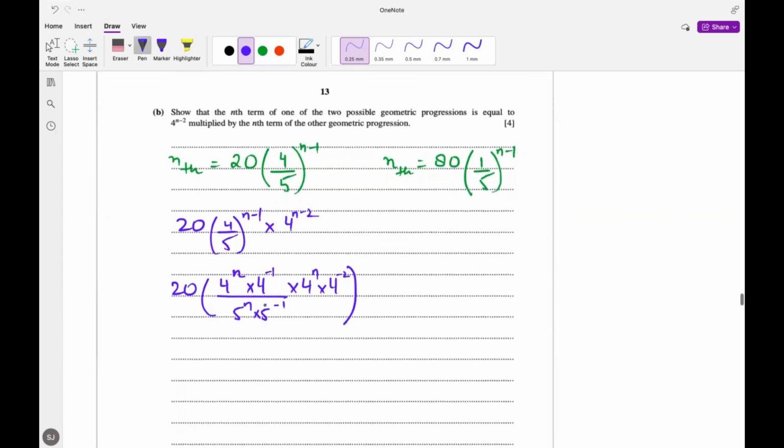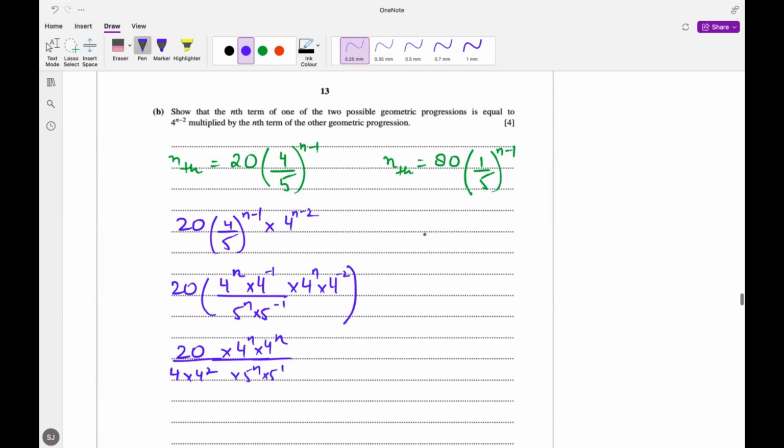So we can simplify this. This 4 will become a denominator. So we can bring this 4 and 4 squared into the denominator. So this will become 20 upon 4 into 4 squared. In the numerator, we'll have 4 to the power n and 4 to the power n, and 5 to the power n and 5 to the power minus 1 will remain as they are.